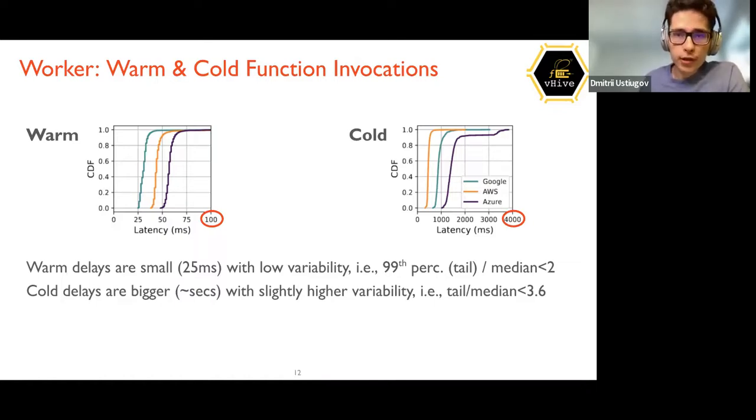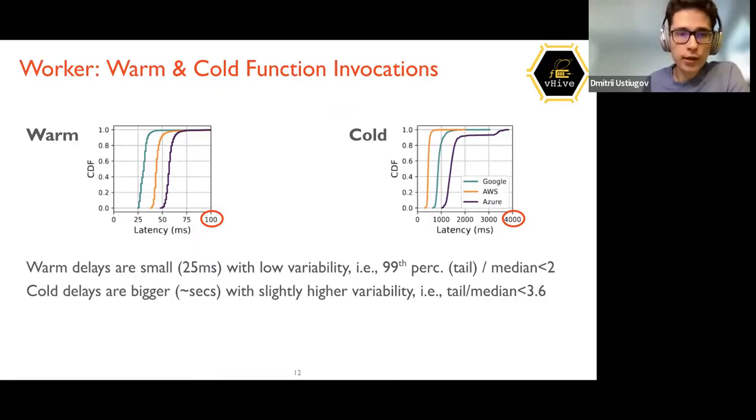Invoking functions frequently, for example, once per second, results in warm starts, while invoking them infrequently, for example, once in half an hour, causes cold starts with a high probability, where a function instance needs to be spawned before any invocation can be processed. The charts show CDFs on the y-axis and latency in milliseconds on the x-axis, with warm invocations on the left and the cold on the right.